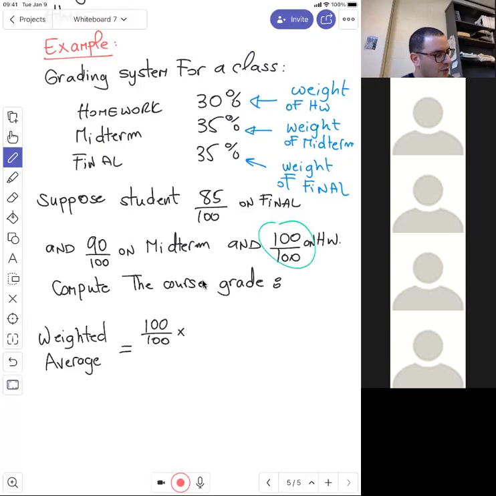The homeworks are worth 30%, so we multiply the grade in the homework by 30%. That 30% is the weight of the homeworks.